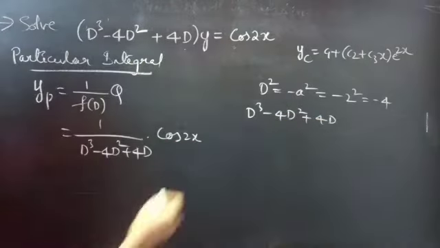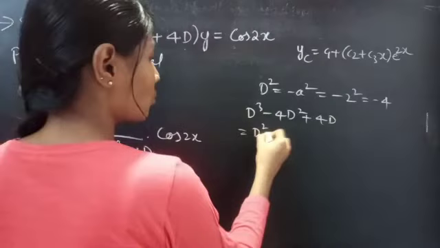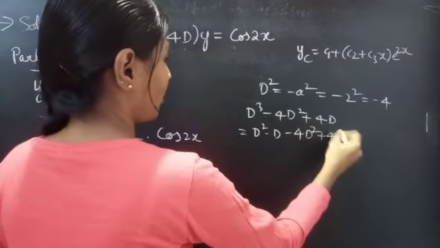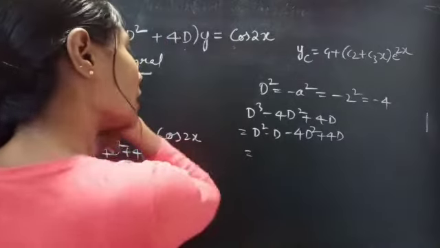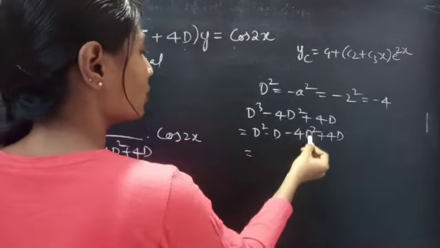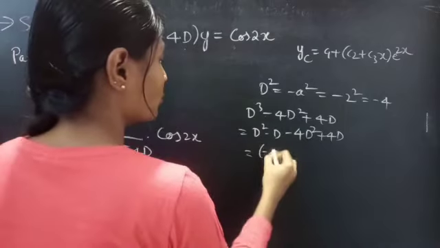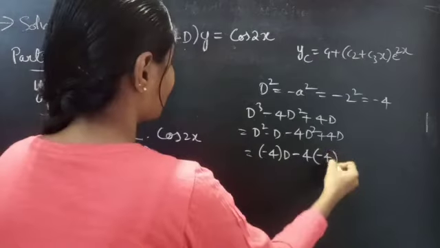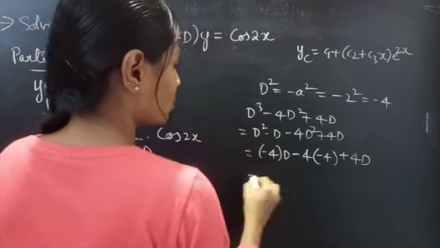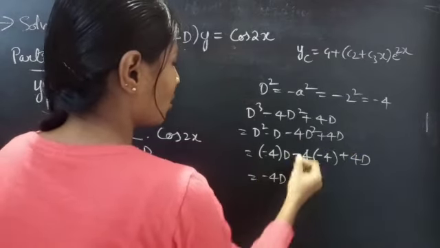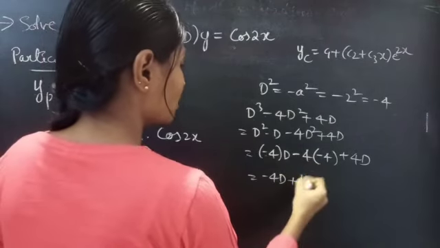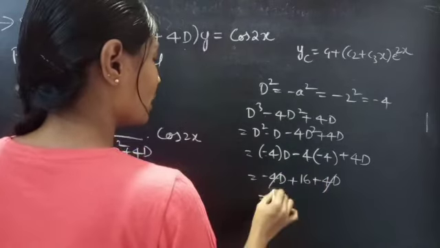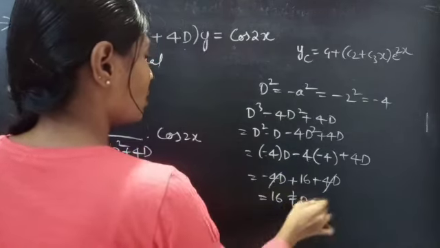We can write D cube as D square into D, and the remaining terms will be the same. Now we replace D square by minus 4, then we get minus 4 into D minus 4 into minus 4 plus 4D, which is minus 4D, minus into minus plus, 4 fours are 16, plus 4D. Here plus 4D minus 4D gets cancelled, and we get 16.